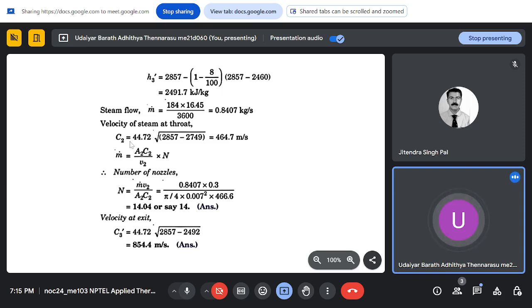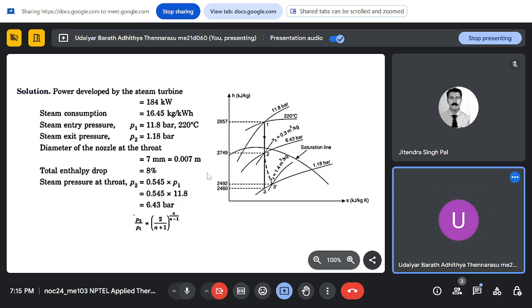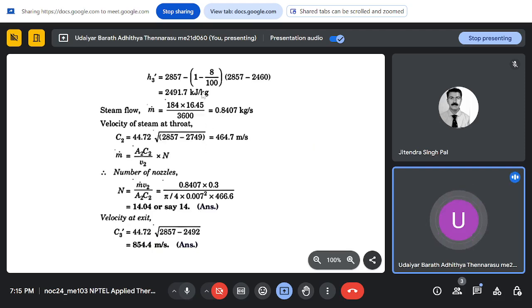Using that we can find the velocity at the throat, which is 44.72 times root of delta h, where delta h is in kilojoule per kg; the factor comes from converting kilojoule, the root of 1000. This comes out to be 464.7 meter per second.